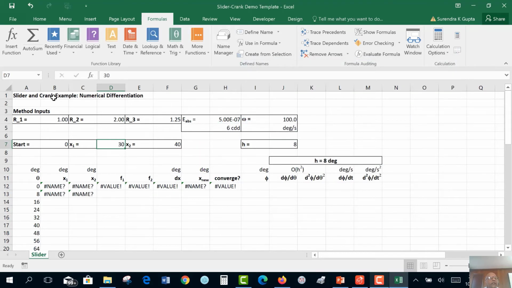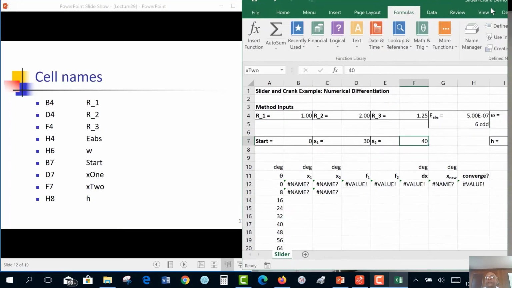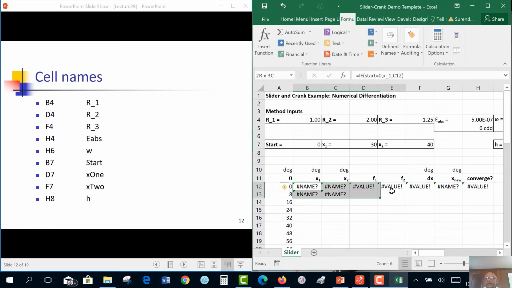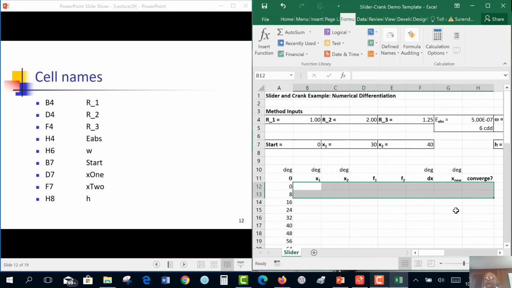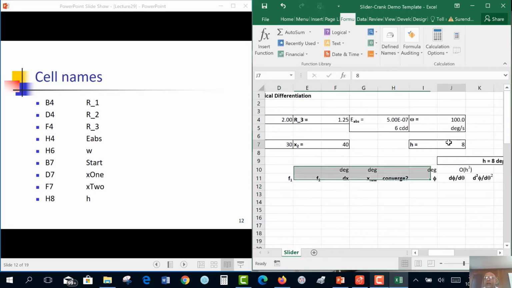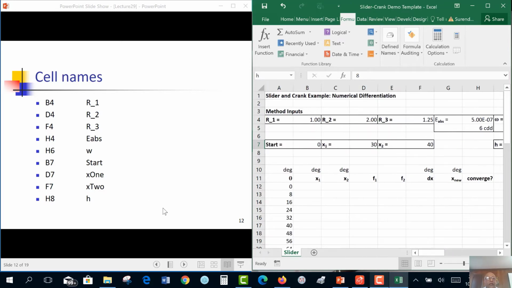So we'll call this x1 to be consistent. We'll call this x2 to be consistent. Okay, let's delete all this stuff. And then of course we will need our spacing h. We'll make it 8 degrees apart, so it's called h. So these are our names.